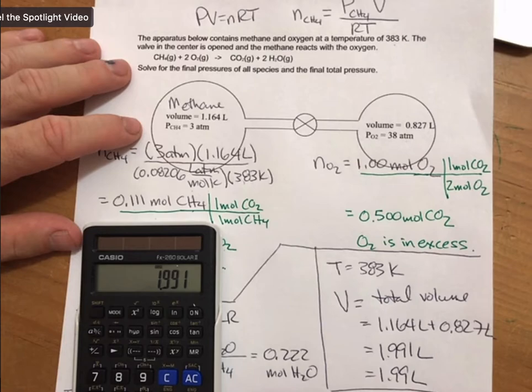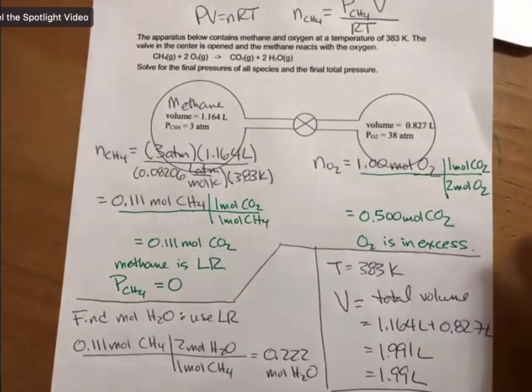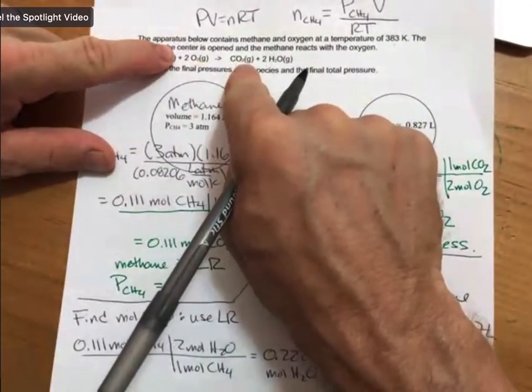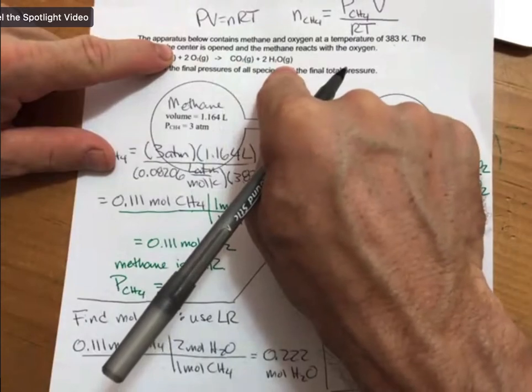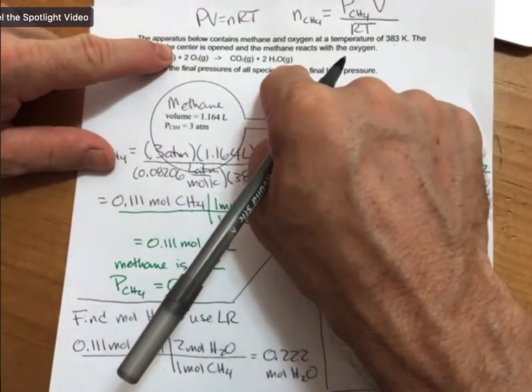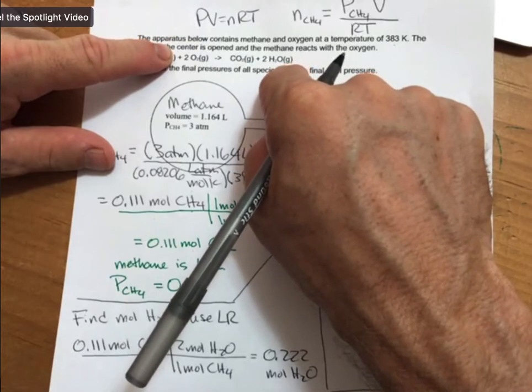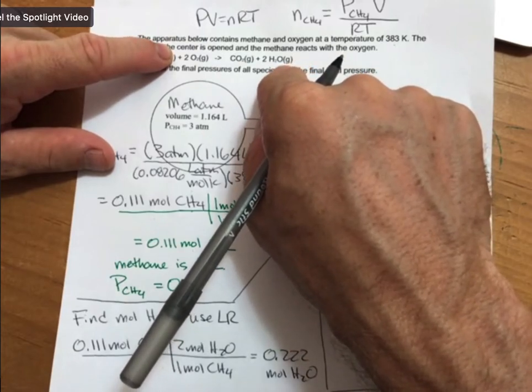Okay, so the only thing left to do is to take each of our gases that are left over, which is our oxygen, our carbon dioxide, and our H2O, which are produced, plug them back into the ideal gas law to figure out their partial pressures, and then add them all up to get our total pressure.